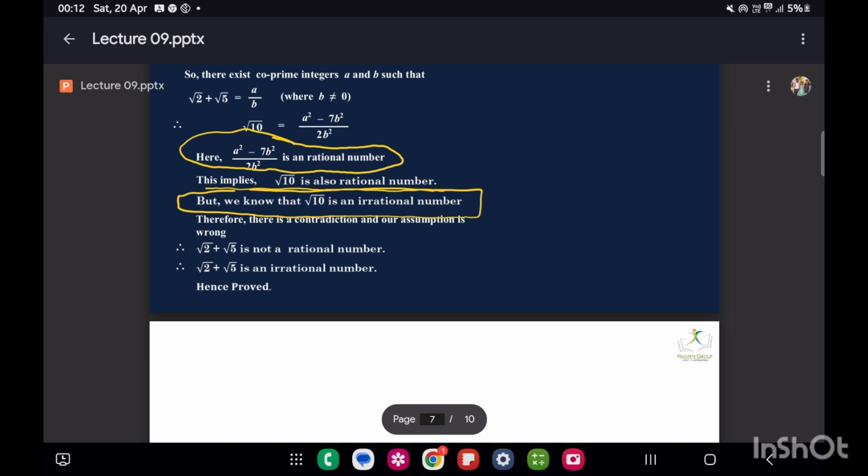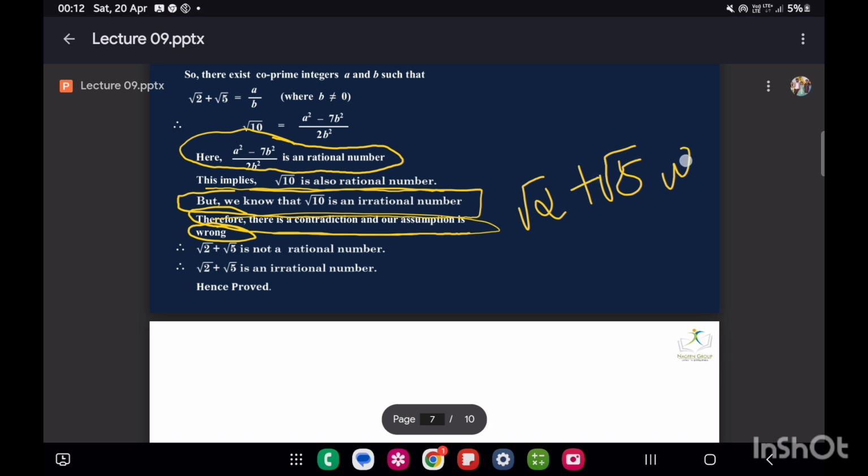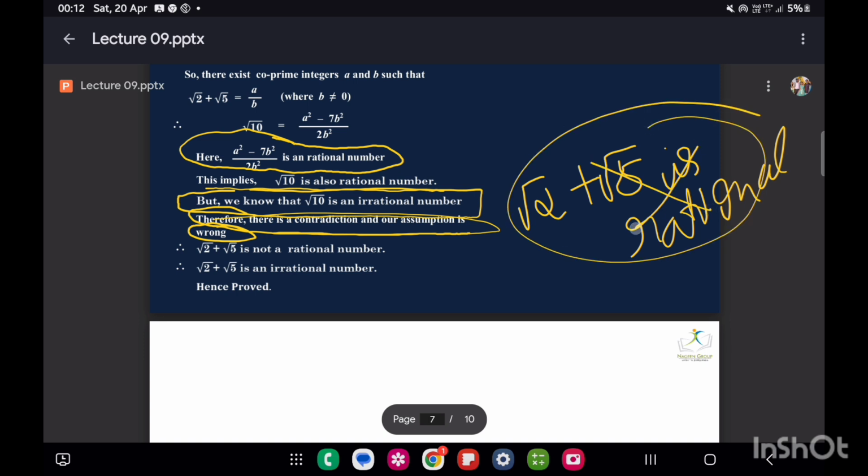Therefore, there is a contradiction and our assumption is wrong. What is our assumption? Root 2 plus root 5 is rational. This assumption is wrong. So root 2 plus root 5 is irrational.